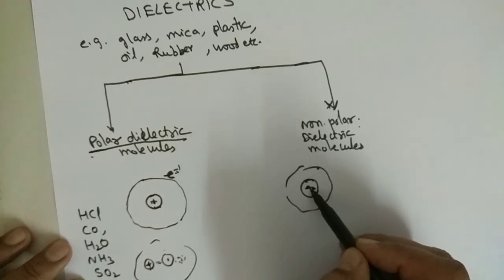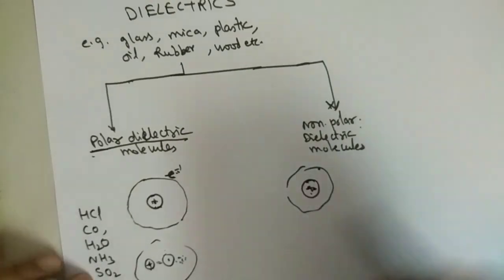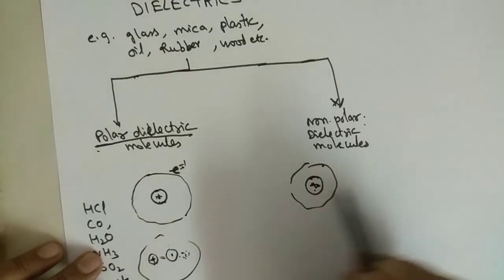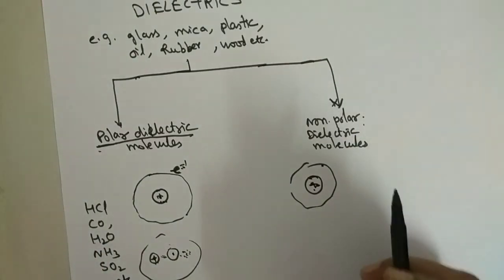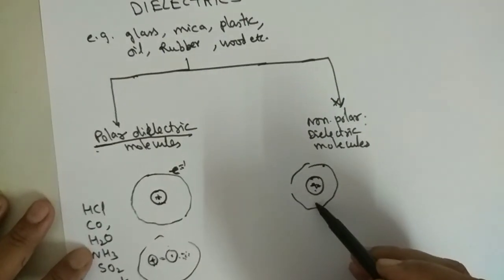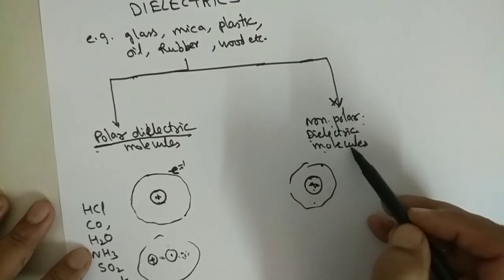It means there is no finite distance, like we discussed in the polar dielectric. Both are coinciding. These types of molecules are called non-polar dielectric molecules.